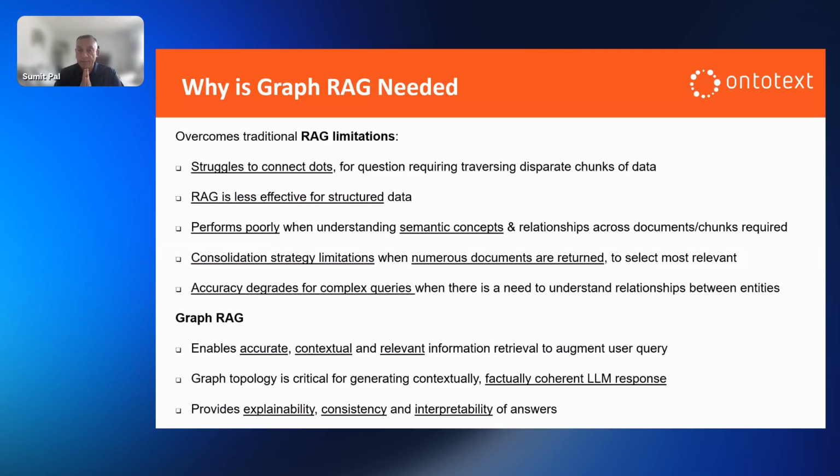Then we did an NLQ type of query, natural language querying, to ask it, show me who are Ontotext customers in the US government or US government agency. We have NASA as one of our customers.